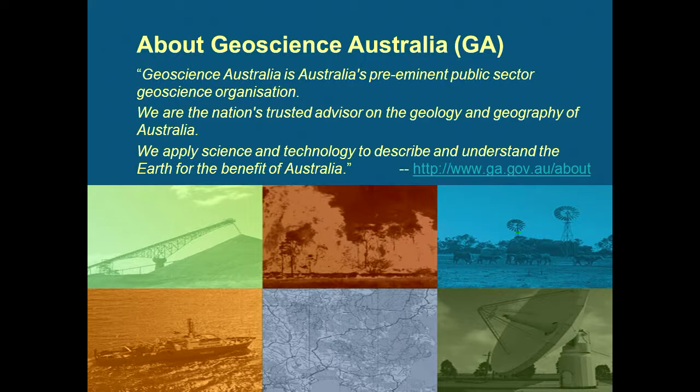The second priority area is community safety, using earthquake detection alerts, the tsunami warning system, and satellite imagery for bushfire monitoring and bushfire detection. So that's community safety.